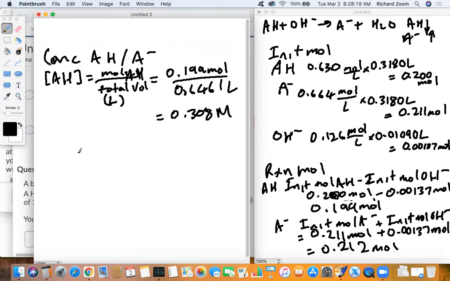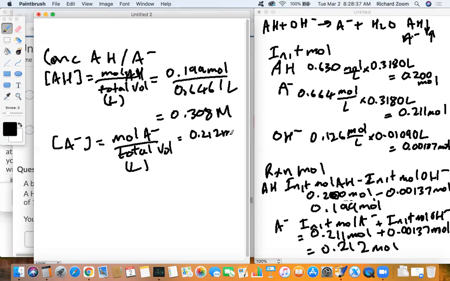moles per liter. And for the A minus, it'll be moles of A minus divided by the total volume in liters, which would be 0.212 moles divided by 0.6461 liters.